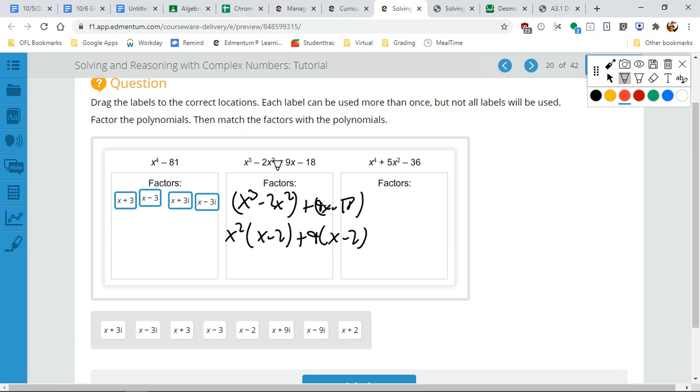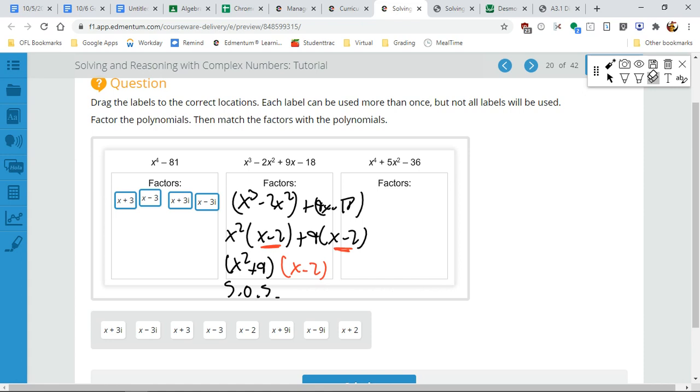I have this and this that are the same, so I'm just going to factor those out, leaving me with this x squared plus 9 here, which is an SOS, sum of squares.